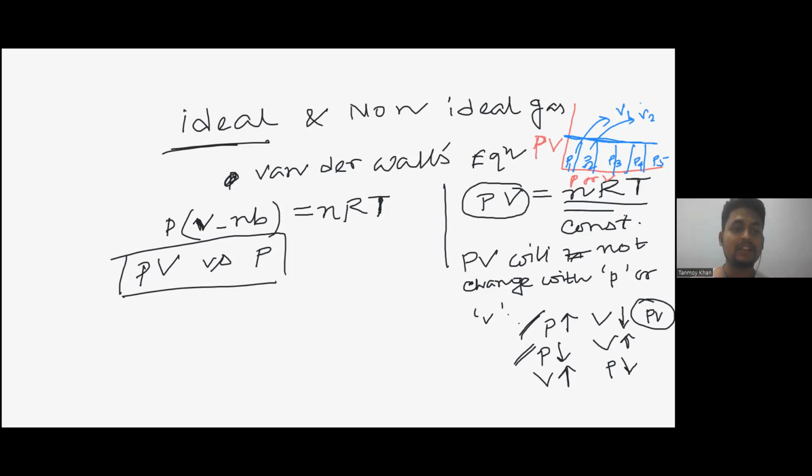Now, if we want to draw PV versus P in the case of a non-ideal gas, such that it only has interatomic repulsion, how will it look? Just simplify this.